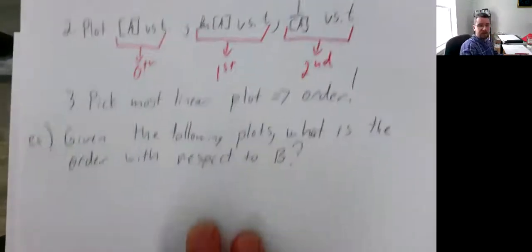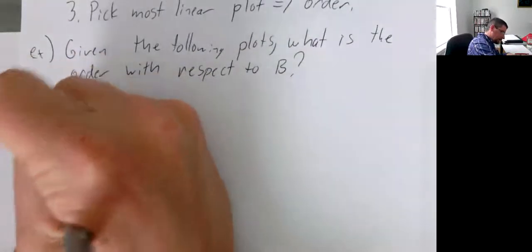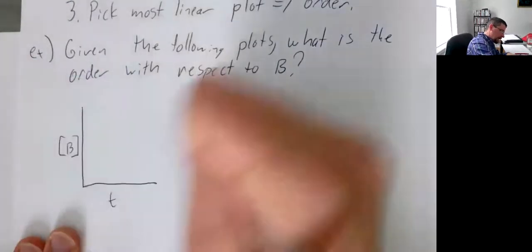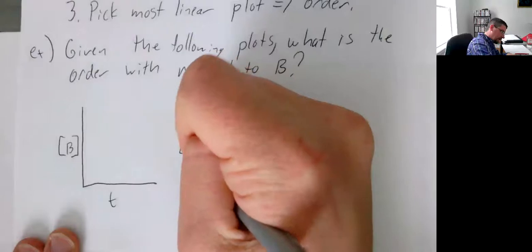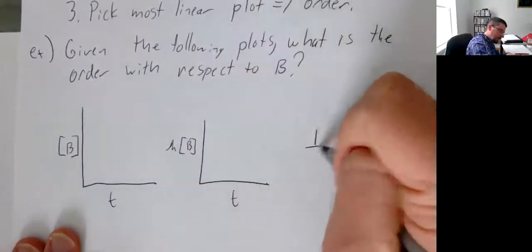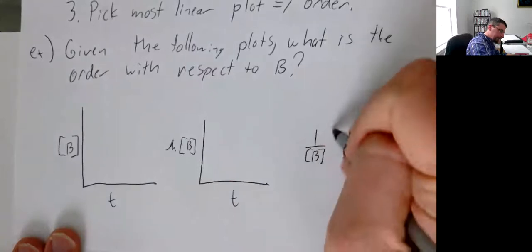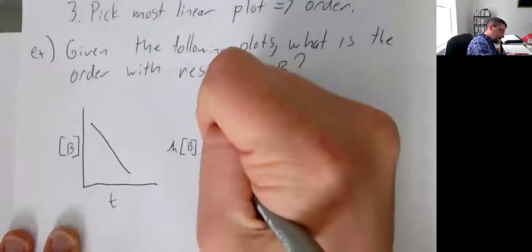So B is a reactant. We're going to have the following plots. We have concentration of B versus time, then ln of B versus time, and then 1 over B with respect to time. And these are the 3 plots we get.